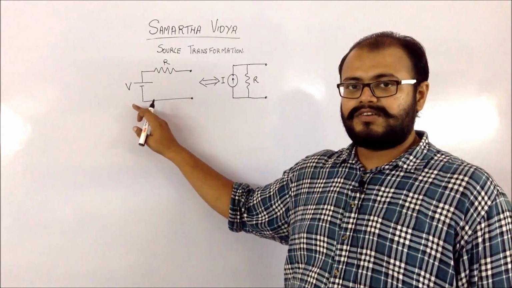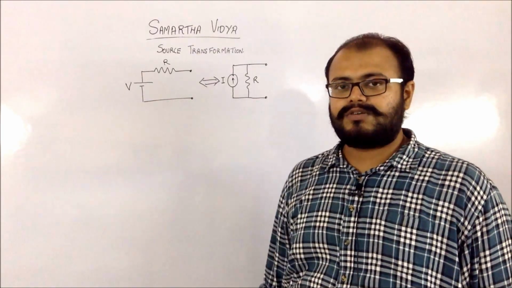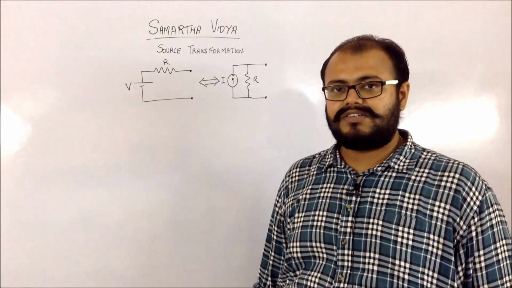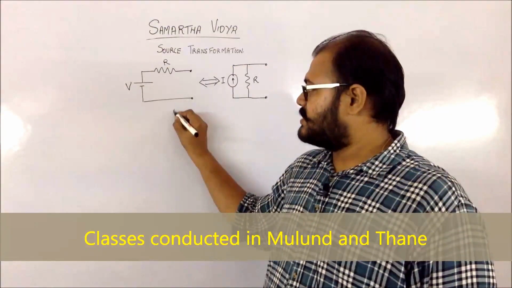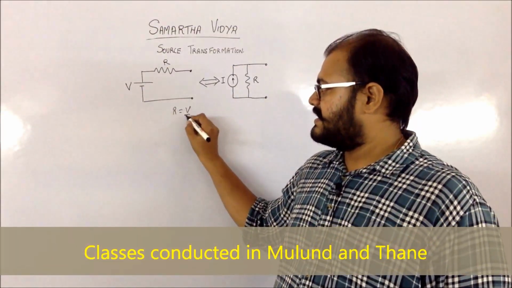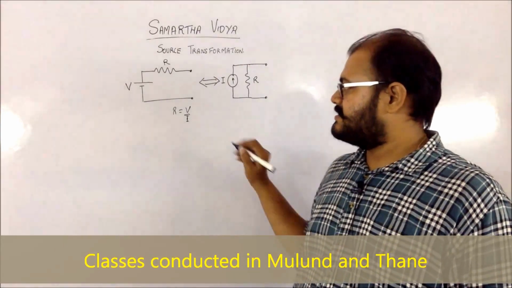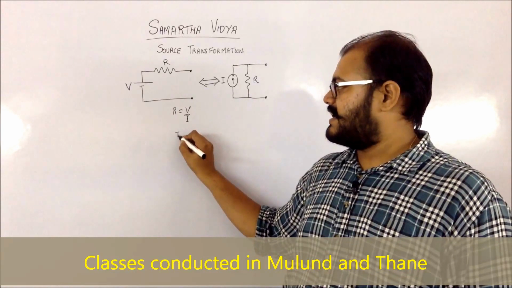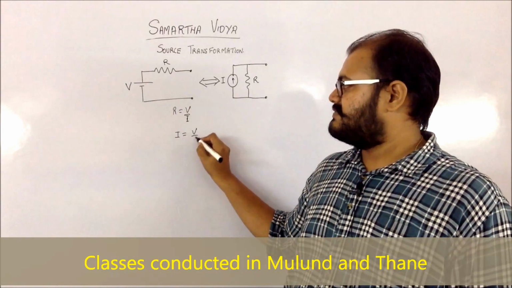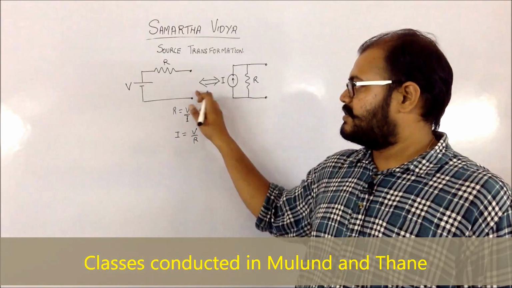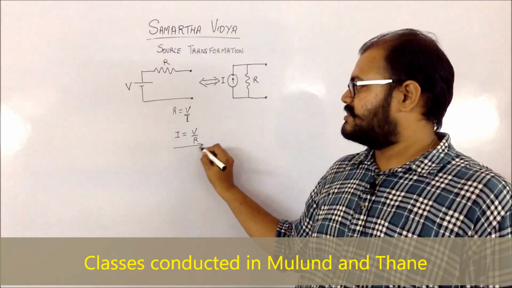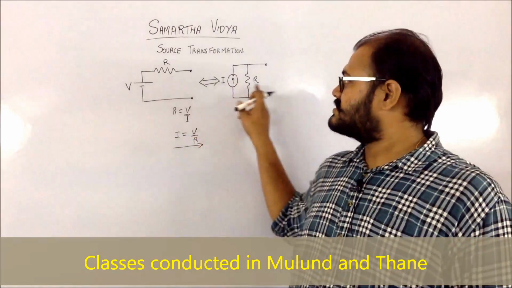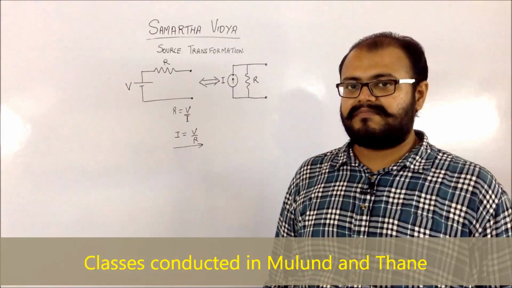When you're converting your voltage to current, you have to apply Ohm's law, which is R is equal to V by I. So if you're converting your voltage to current, you have to calculate your I, which is going to be V by R. So I is converted to V by R and the resistance value remains the same.